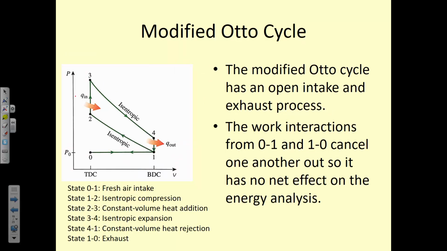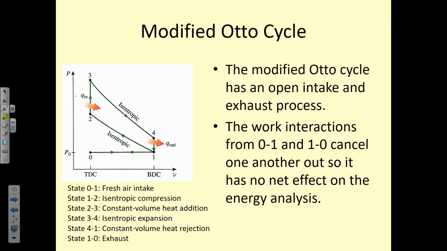Another modified version of it is to account for this intake and exhaust. So we have actually a 0 to 1 and a 1 to 0 where that happens. So this is another modified version of the Otto cycle, which has no net effect on the energy analysis because this component of the process right here does not have any net work output. Okay, it just repeats on the same line.